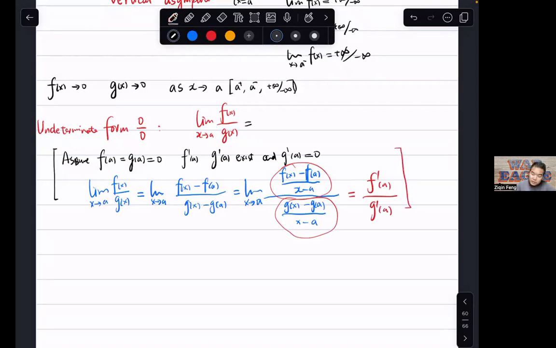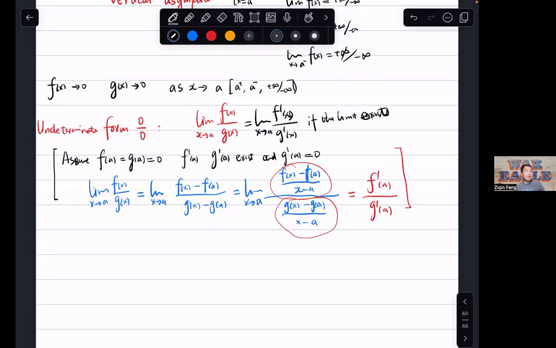So this can equal, as x goes to a, f prime of x over g prime of x if the limit exists.